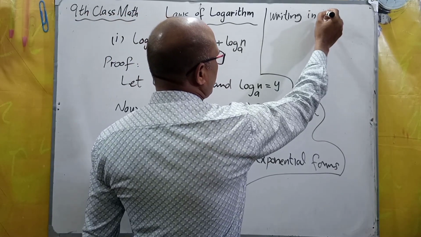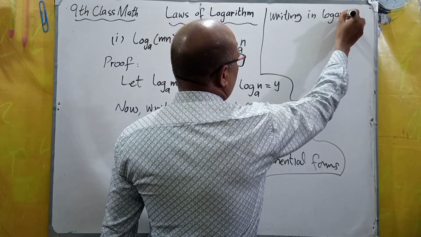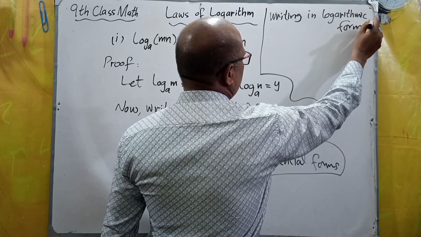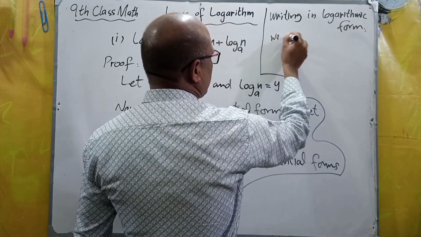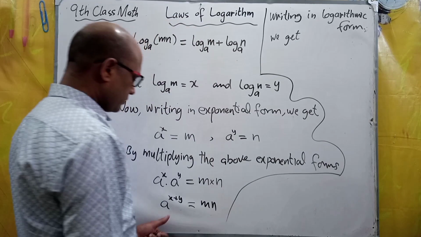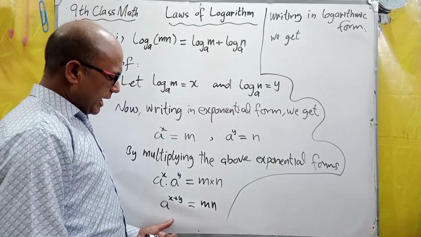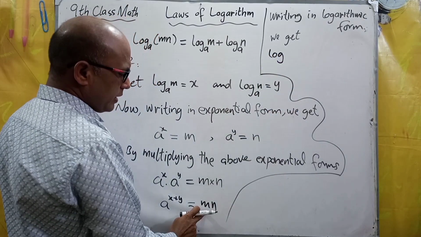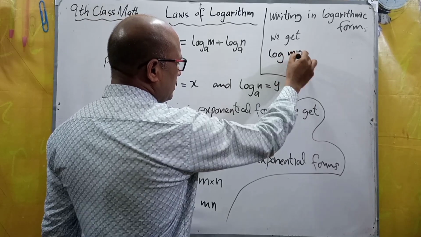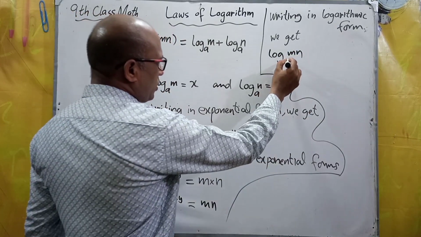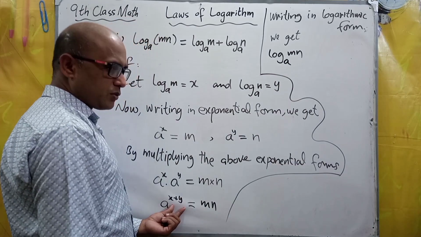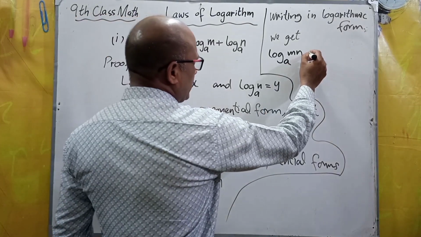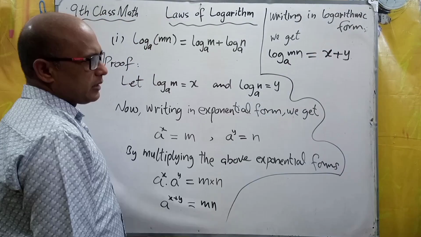Writing in logarithmic form, we get: when we write it in logarithmic form, students, we'll write log mn. A will become base of log, and the exponent x plus y will be shifted on the other hand side.